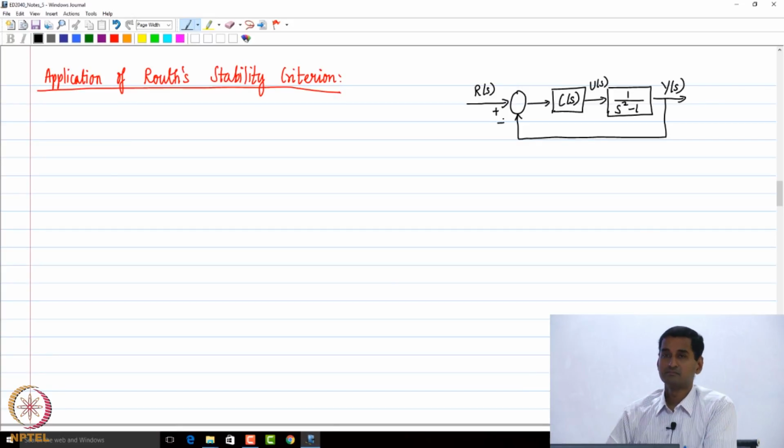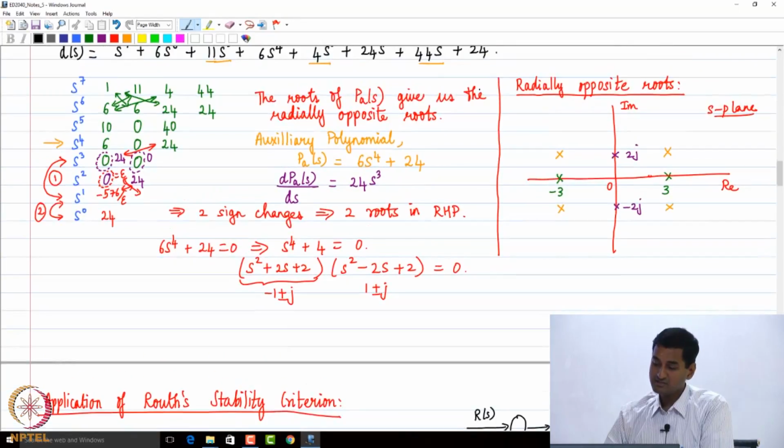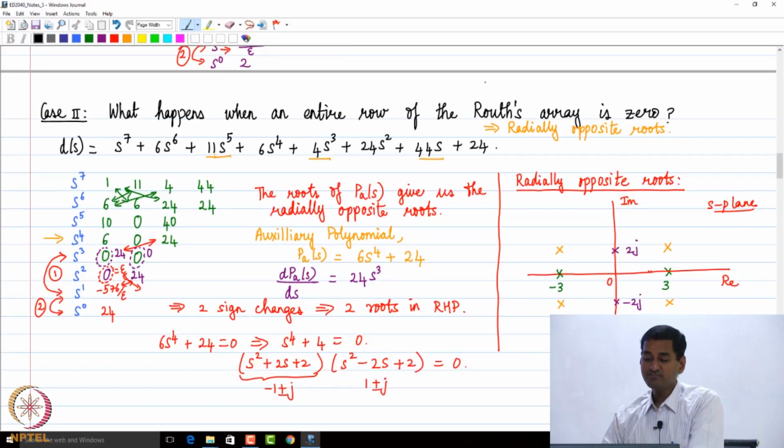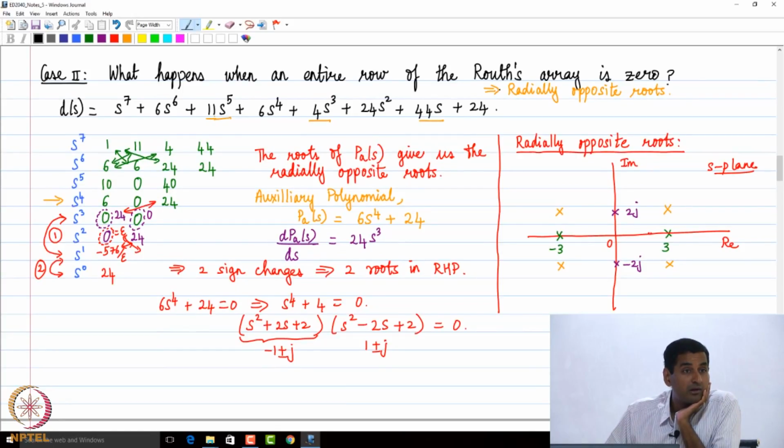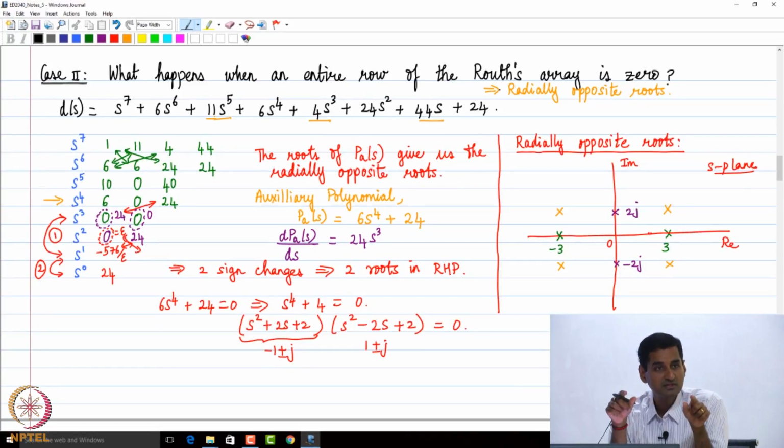In the previous problem, there should be 7 roots. Yes, exactly, that's only for the auxiliary polynomial. There are 4 roots here, and 2 roots for the sign changes. Of the 4 roots, 2 are going to be in the right half plane, which is why you have 2 sign changes. They are accommodated, so that's why you made the statement that 5 roots are in the left of the complex plane for the original polynomial.